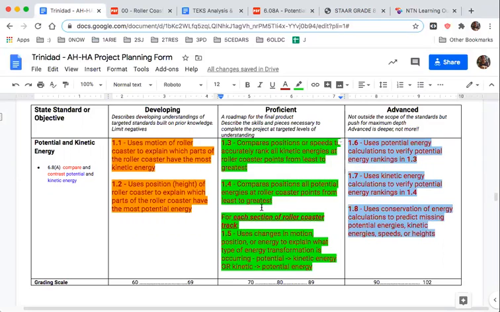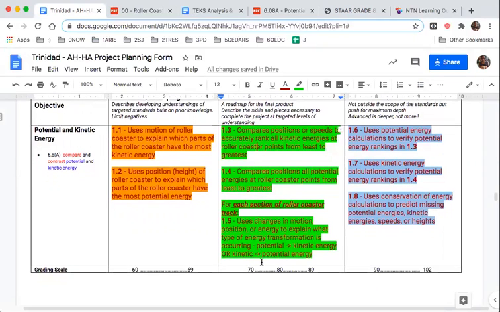And they should similarly be able to compare positions to rank the potential energies from least to greatest. And they should be able to use changes in direction or speed to describe whether that change goes with potential to kinetic energy or kinetic to potential energy.